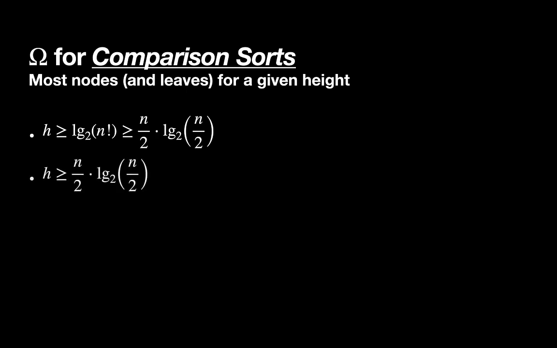We can drop that middle expression and simplify a little bit. So h has got to be greater than or equal to n over 2 times log base 2 of n over 2. Or we can simplify this, drop the unnecessary coefficients, and say that h is in big omega of n log n.